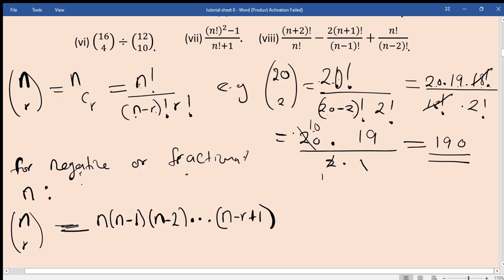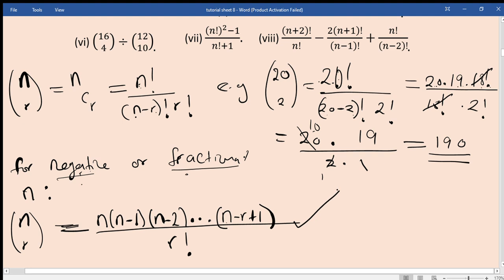But when n is negative or a fraction, we stop when we reach n minus r plus 1, divided by r factorial. This is how we are going to solve this combination. It's different from the formula when n is positive, but when n is negative or a fraction, this is the formula we're going to use.